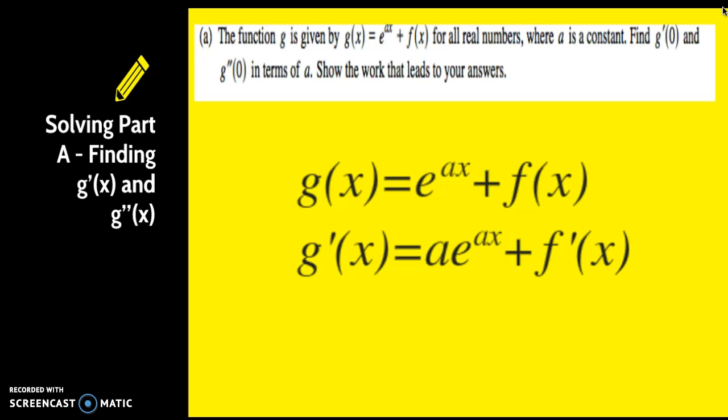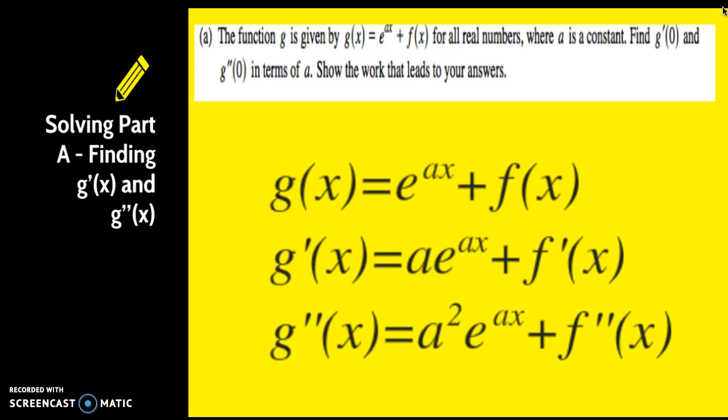Then we take the derivative of that to get g prime of x equals a e to the ax plus f prime of x. Then we take the derivative of that to get g double prime of x equals a squared times e to the ax plus f double prime of x.